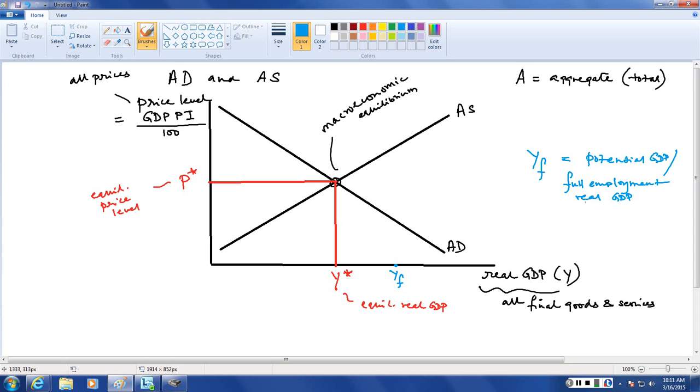Even when we have full employment, about 4% of the labor force continues to be unemployed. These 4% are called, what's the word for this kind of unemployment? The naturally unemployed. These guys are the naturally unemployed. 4% consist of the frictionally and the structurally unemployed.